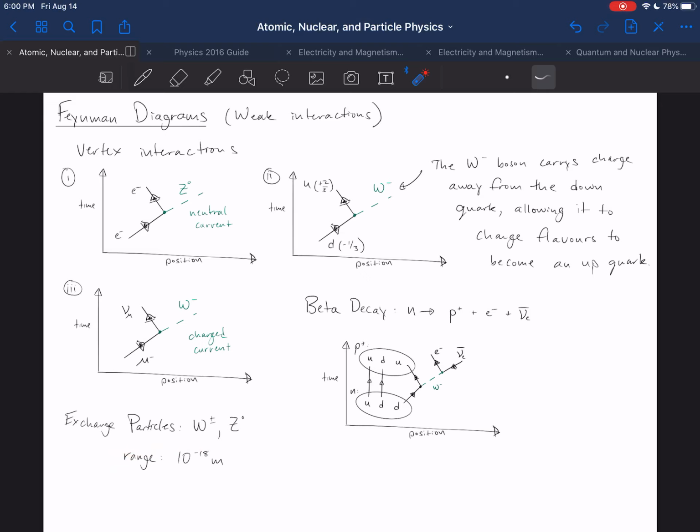Notice that the possible exchange particles for the weak interaction are the W plus and minus and neutral Z bosons. The range of these interactions is very, very short, so that's useful information as well. And every once in a while, they just straight up ask you for it.